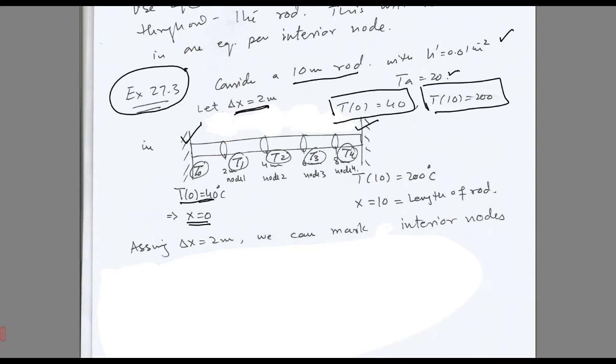After 2 meters we have the first node, the second node at 4 meters, the third node at 6 meters, and the fourth node at 8 meters. The last one is the fifth node, the temperature at distance 10, 200 degrees centigrade, and the total length is 10 meters. So assuming delta x equals 2 m, we can mark the interior points, which we just did.